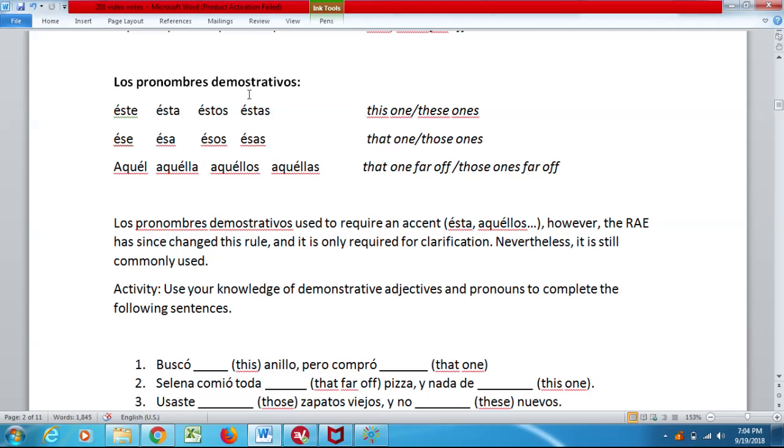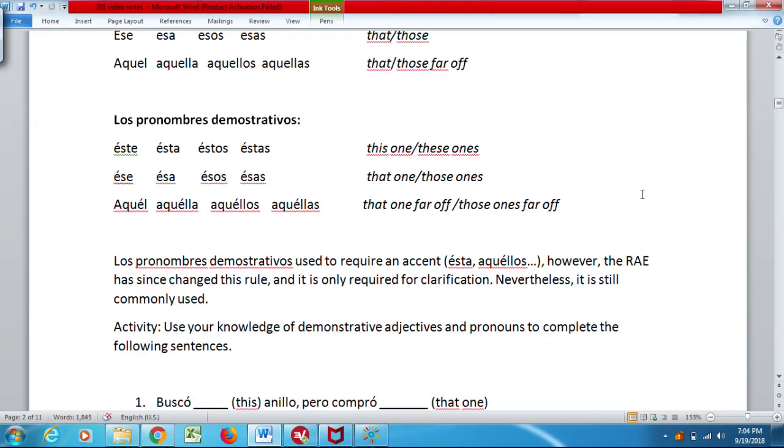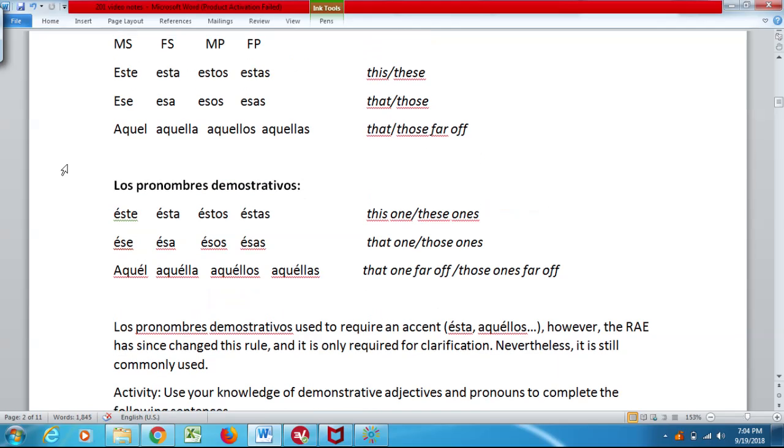the speaker's location. Now, los pronombres demostrativos, the demonstrative pronouns, are actually the same as their adjective counterparts, which causes confusion for students, but you'll notice the difference here is el acento. These have an accent. And when these are written, you'll see them by themselves. They're not going to be attached to the noun, as was the case with the demonstrative adjectives up here.